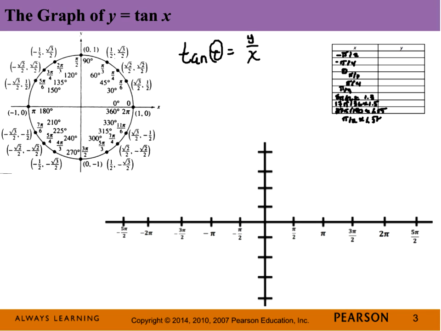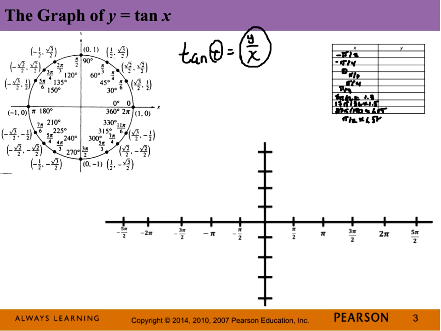Okay, so I used the unit circle to get some of these values, and I used my calculator to get others, especially some of the weird ones that we have on the graph here. But remember, the tangent of theta is y over x. So just showing you how I got some of these values from the unit circle.